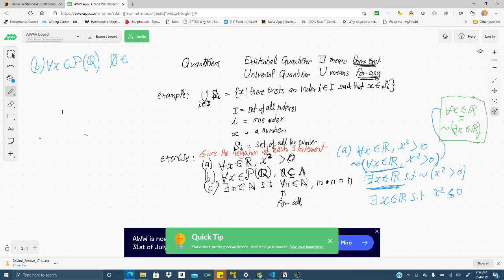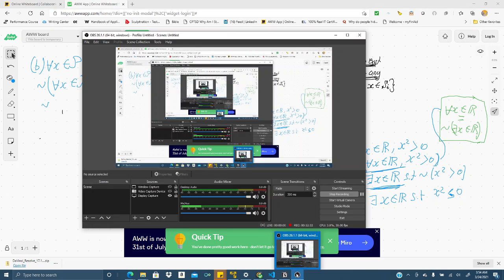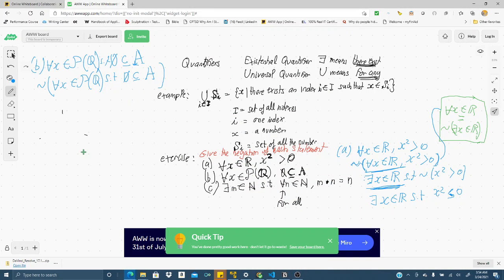Empty such that, oh, so let's solve for all x belonging to P of Q, all elements belonging to Q, such that the empty set is a subset of the set A. So we negate this whole expression, belonging to P of Q, such that the empty set is a subset of the set A. Because we negate this sign, for any x it will become there exists x.